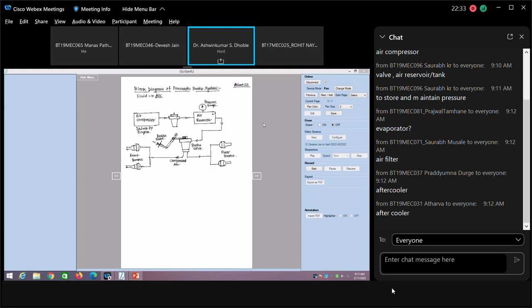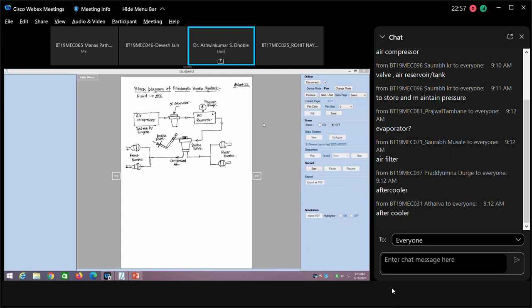So this particular part is the oil separator. Why do you require an oil separator? Because in the compressor the lubrication is provided to the piston, piston ring and the cylinder inside surface, so that there should not be any metal to metal contact.